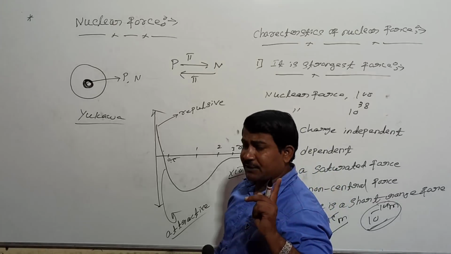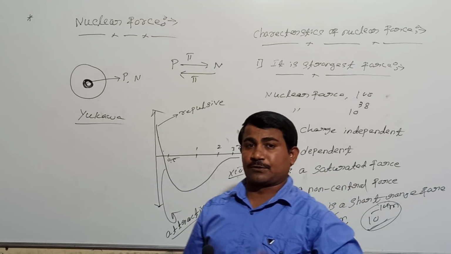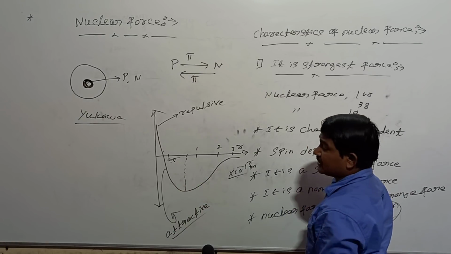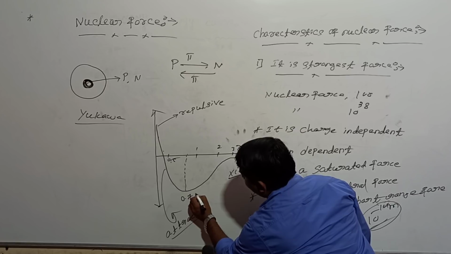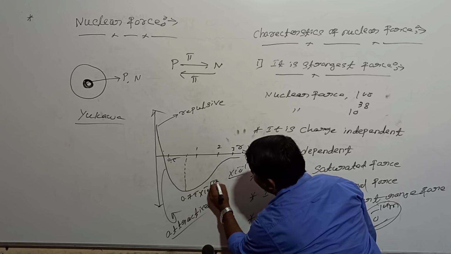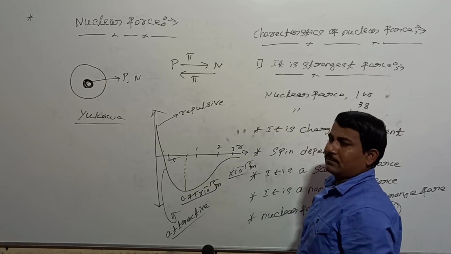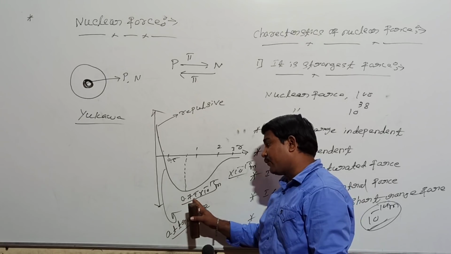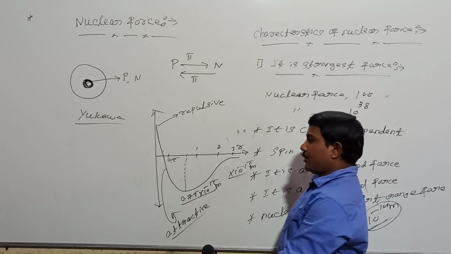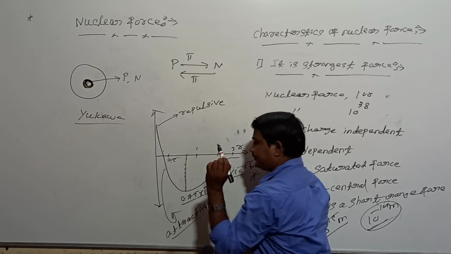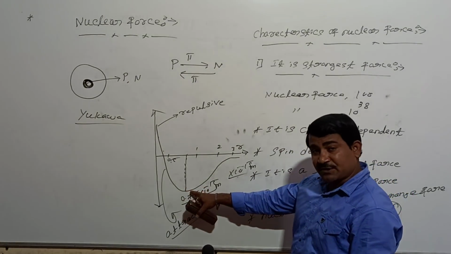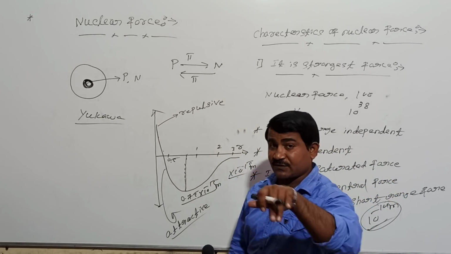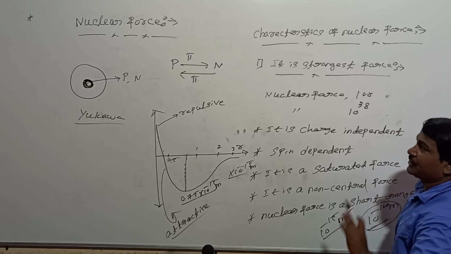So at a particular distance, nuclear force is the strongest. At an internucleon distance of 0.75 into 10 raised to minus 15 meter, nuclear force is maximum. Again, after this distance, nuclear force gradually decreases as a function of distance. That's why nuclear force is a short range force.